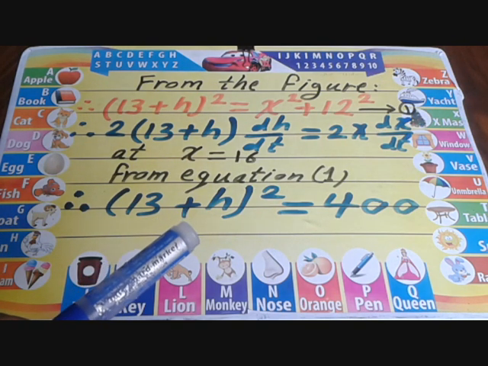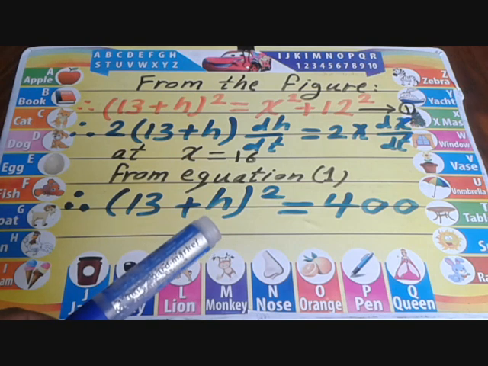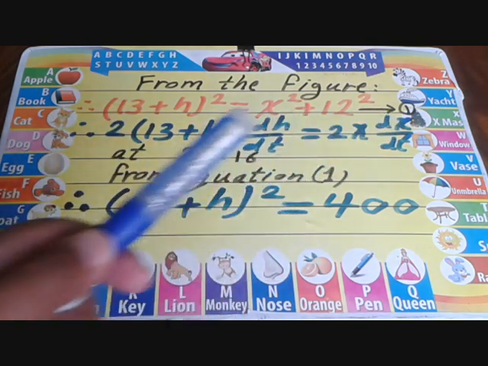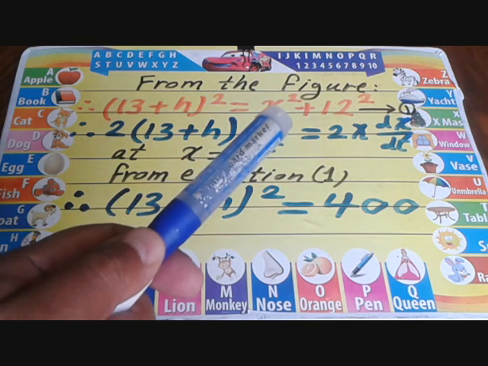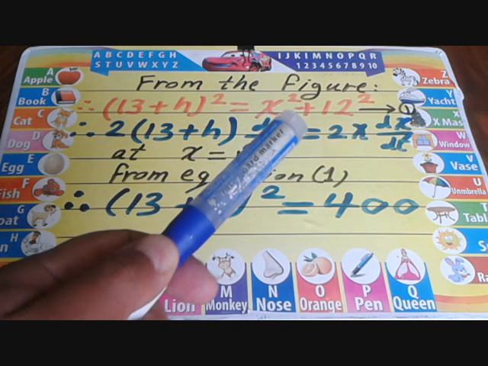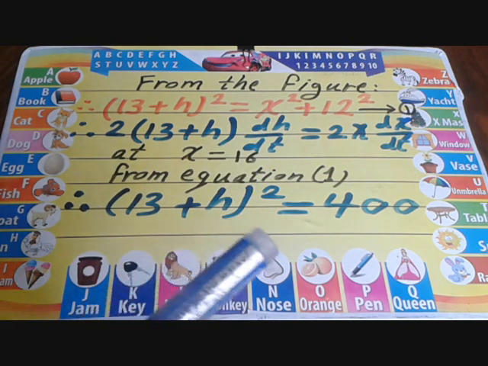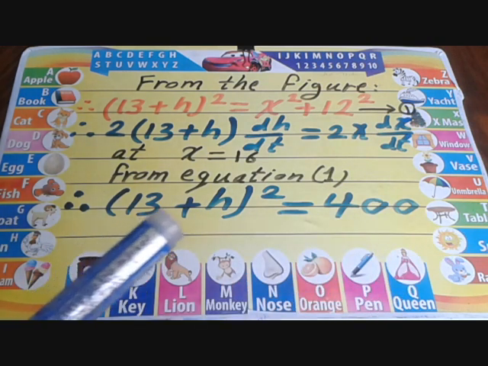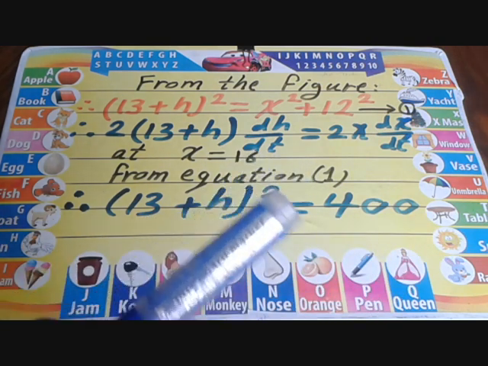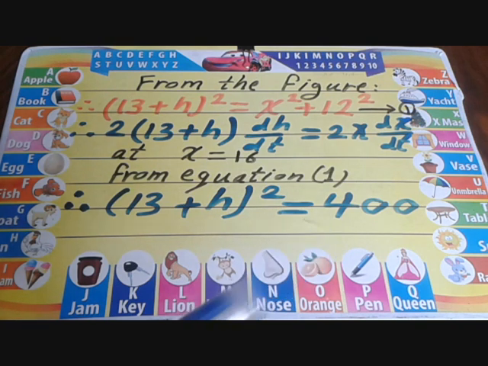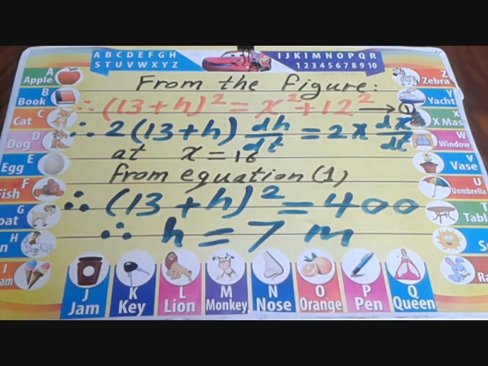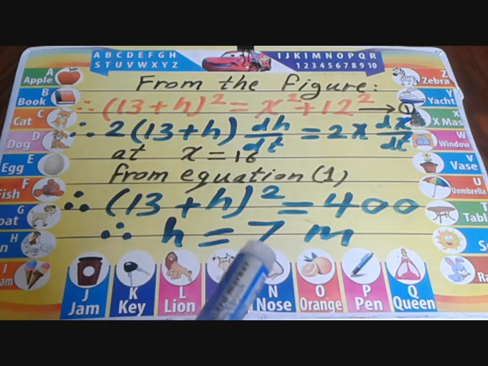By substitution in this equation, putting x equals 16 here, we obtain (13 plus h) squared equals 400. Therefore, h equals 7 meters.